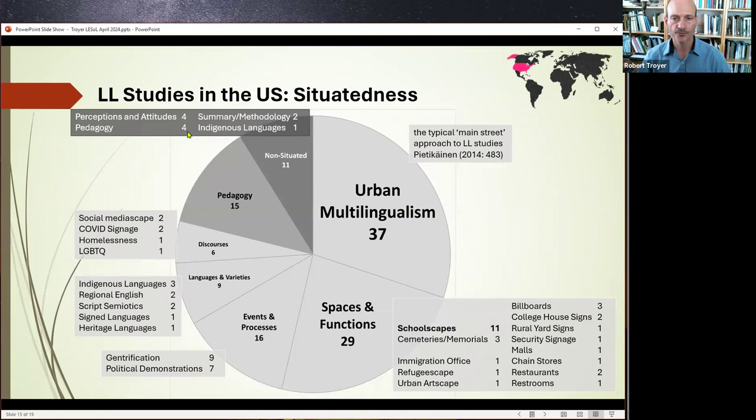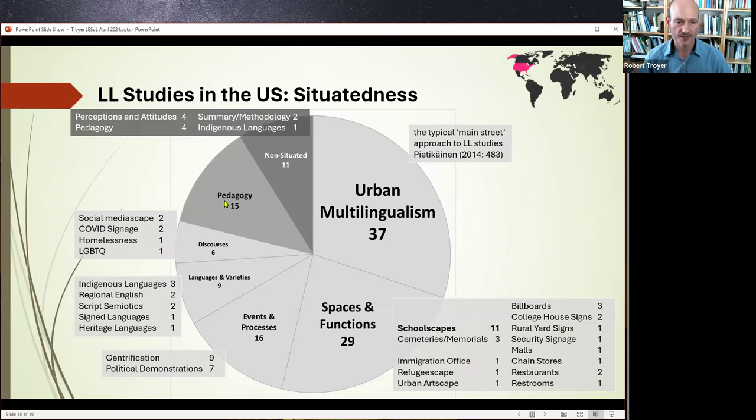And then 4 studies that are about using the linguistic landscape as a pedagogical tool, but with no specific application to a specific context. On the other hand, related to pedagogy, there were 15 articles, which are quite a lot, within this collection, based on using the linguistic landscape for pedagogy.